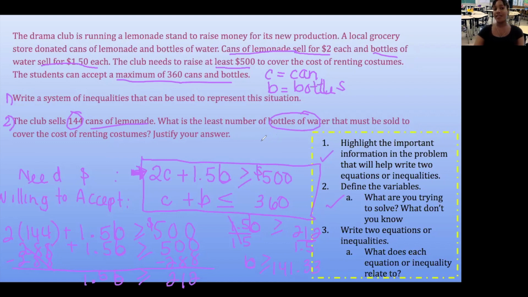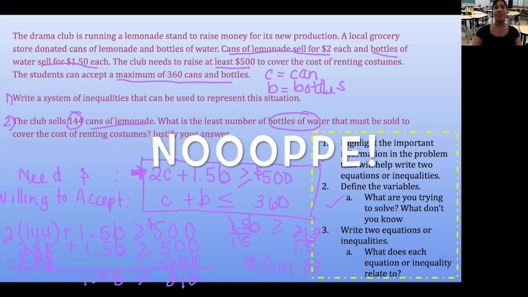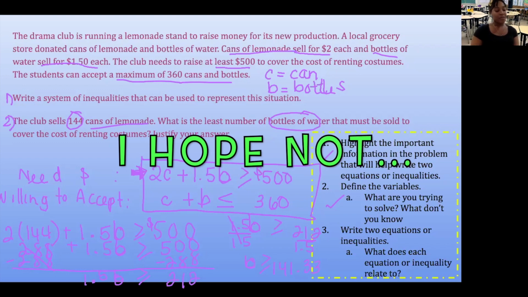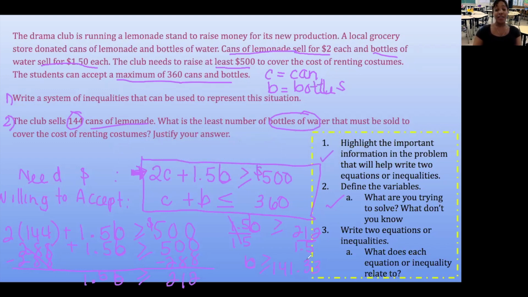No. When you go to the store, you can only buy a whole number of bottles of water. So when we get a decimal number, we have to round it up in this scenario. So the least amount of water bottles that they have to sell, if they sold 144 cans, is 142.